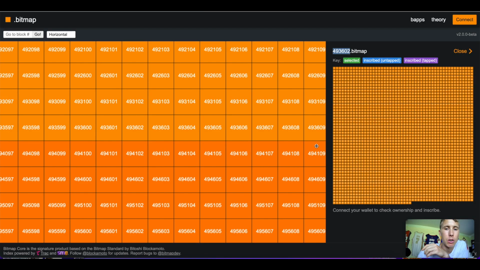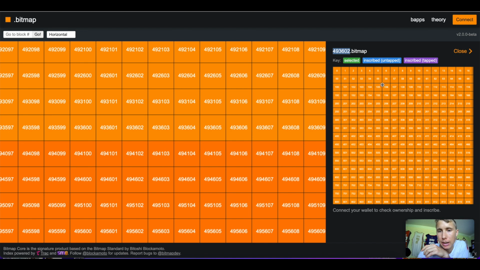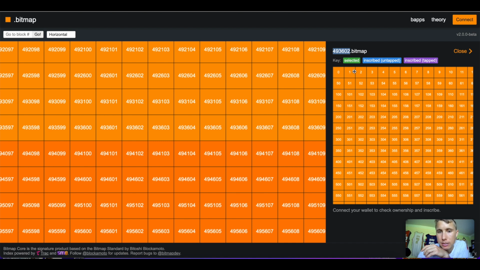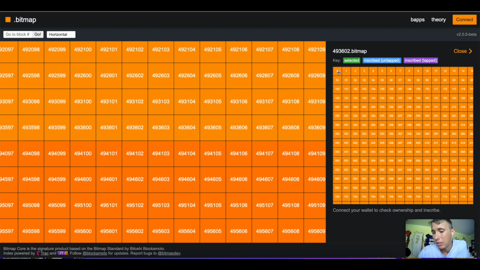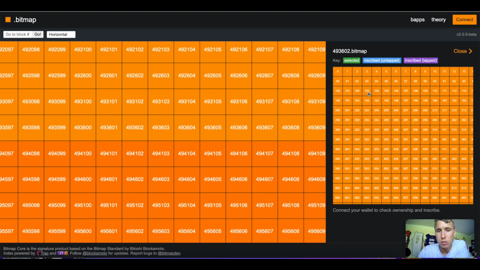Going back over to Bitmap, I can see 0, 1, 2, these are the different transactions on there. The inscribed, which are the untapped ones, are the ones that you've inscribed but haven't sent to anyone. Once you tap them, that's after it's been sent to someone or sent back to yourself. So you can give out each of these individual parcels, parcel 0, parcel 1, 2, whatever.